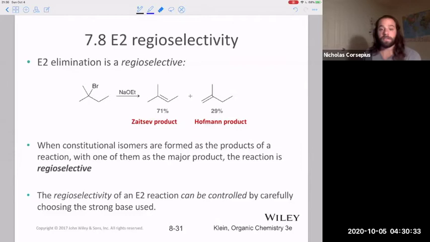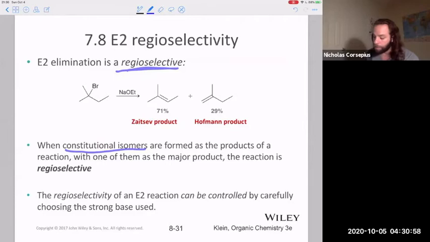Okay, so this sort of selectivity has a fancy word to it, which is regioselectivity. Regioselective is when different constitutional isomers can be formed. Note that these two products are different constitutional isomers: same molecular formula, but their connectivity is different.